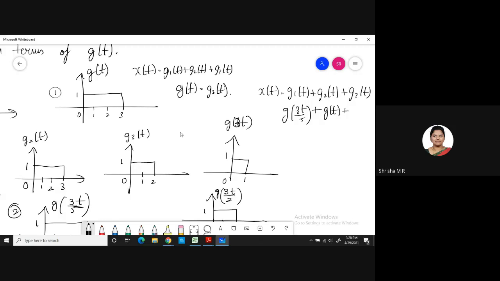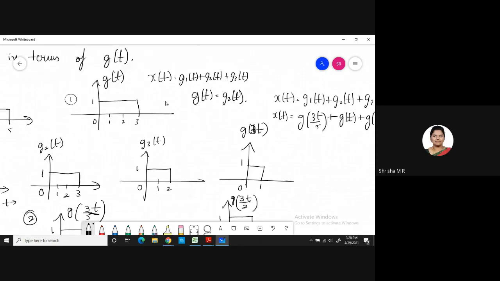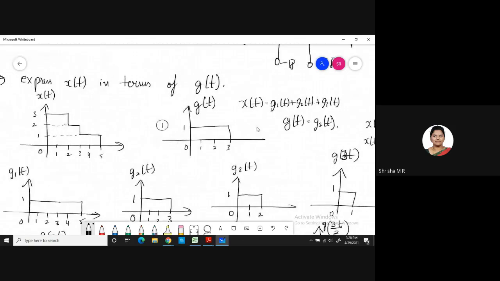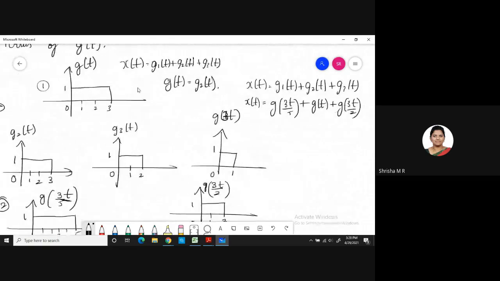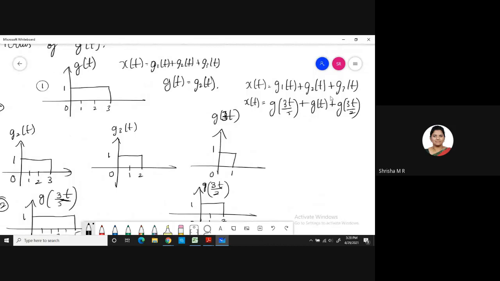And what is g3 of t? G of 3t by 2. Got it, everyone? Followed? Clear everyone? So I have expressed x of t in terms of g of t. This is how you have to do. Clear?